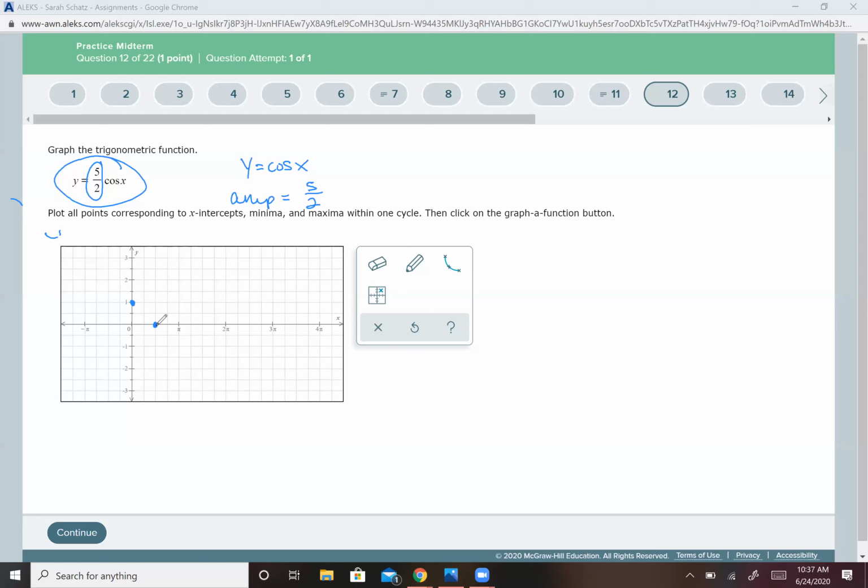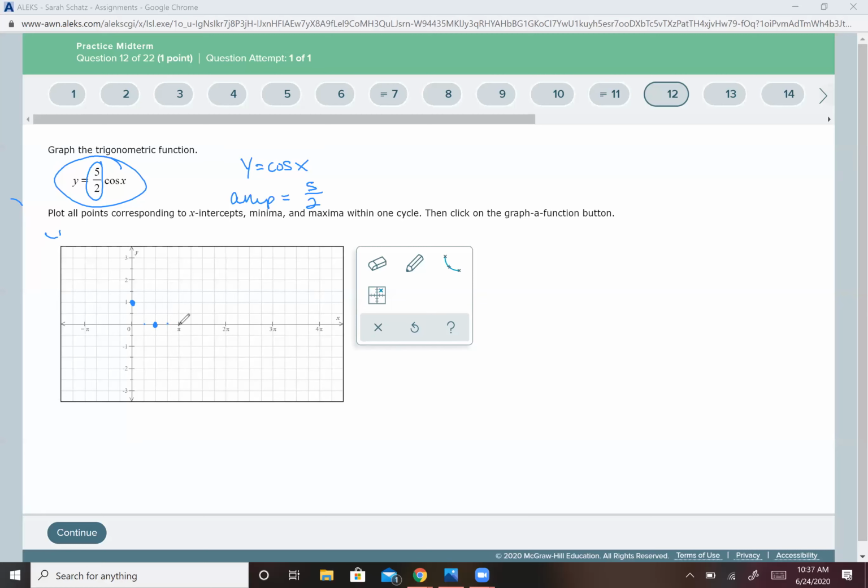Well, you guys, these graphs, their grid units can change, so you really need to be careful. This is pi, and there are 4 grid squares for each pi. That means each grid square is pi over 4. So this is pi over 4. This is 2 pi over 4, or pi over 2. This is 3 pi over 4.